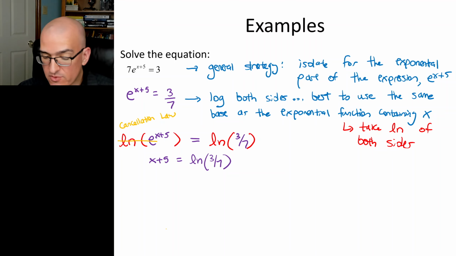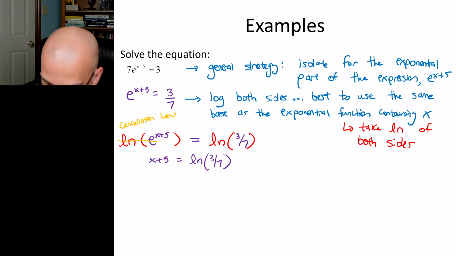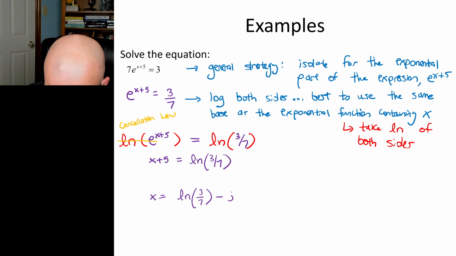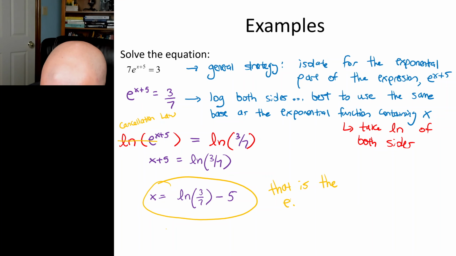So the next thing I'm going to do is subtract 5 from both sides to accomplish the mission, which is to get x all by itself. So x is ln 3 over 7 minus 5. And that's it. That's our answer. We don't mess with it. That is the exact answer. It is not a pretty answer.